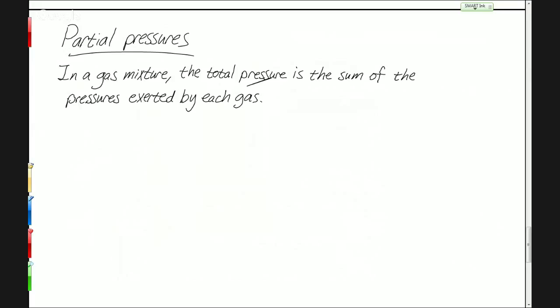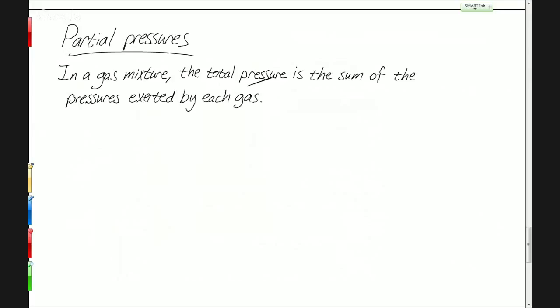If all 6 of us are in this room and we're the gas molecules and we're running around, and we're all 6 different kinds of gases, the total pressure is going to be the collisions from me and the collisions from you and the collisions from you and the collisions from you. But each one of us has really our own pressure. That's the collisions that we are making.